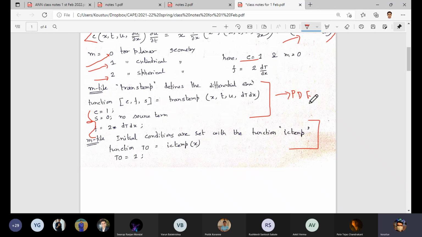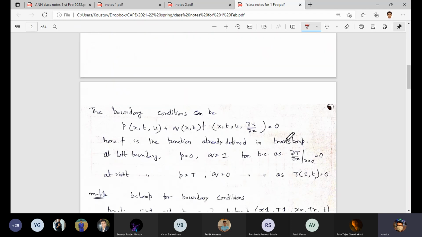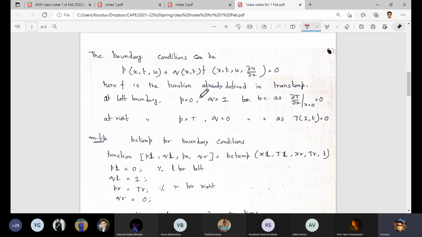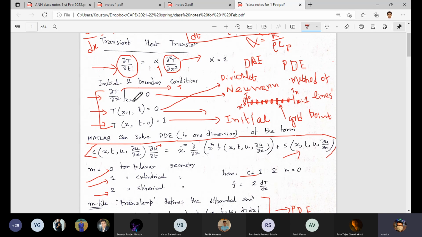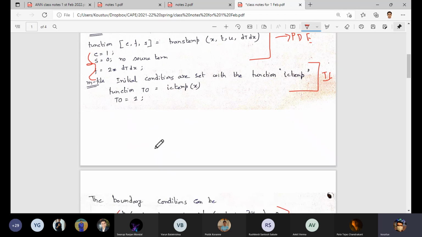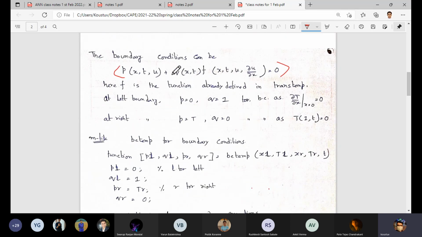This is the initial condition, and this is the boundary conditions. Boundary conditions can be Dirichlet or Neumann, as we have seen. This is the general line for the boundary condition, and our boundary condition was given that at x equals 0, at the starting grid point, del t del x, the flux, is 0. That also has to fall into this general approach.